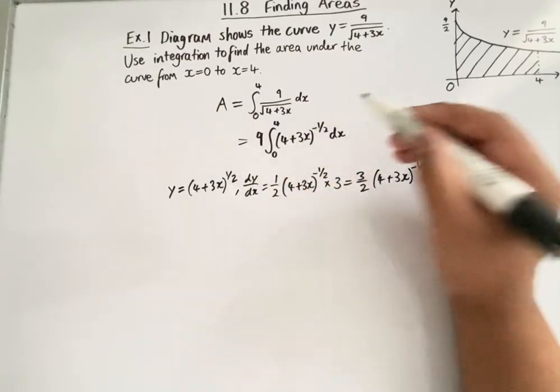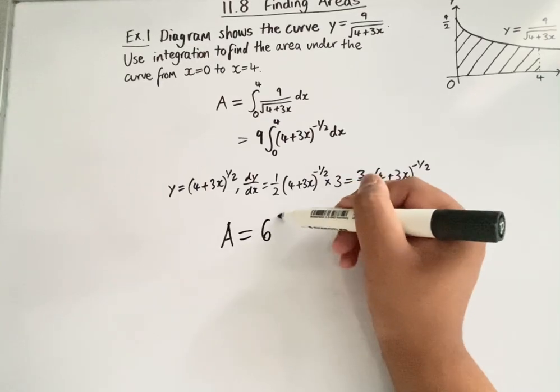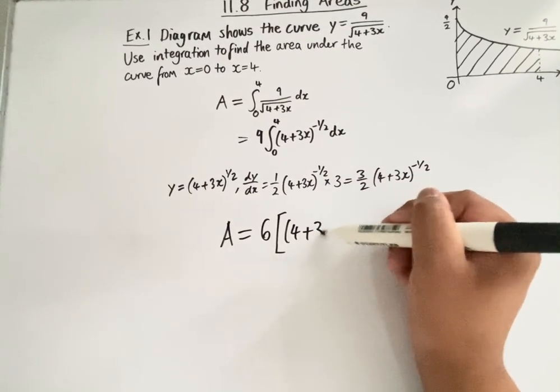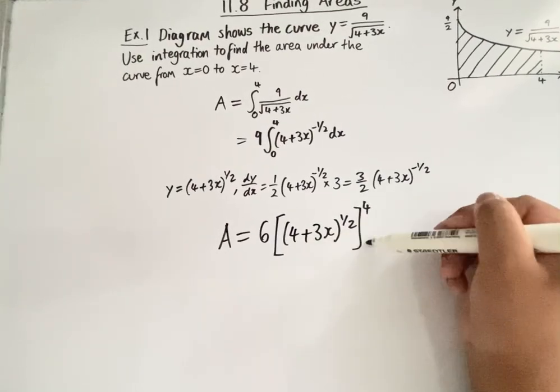9 multiplied by 2/3 is 6, and so A is equal to 6 times the square brackets of (4 plus 3x) to the half from 4 to 0.